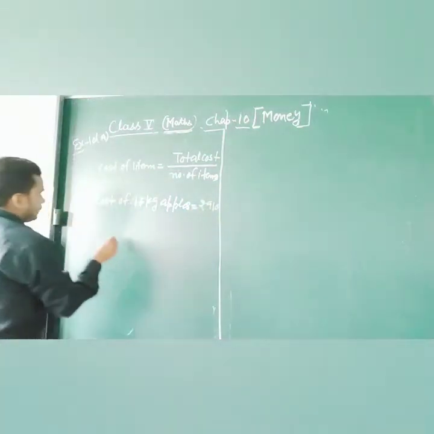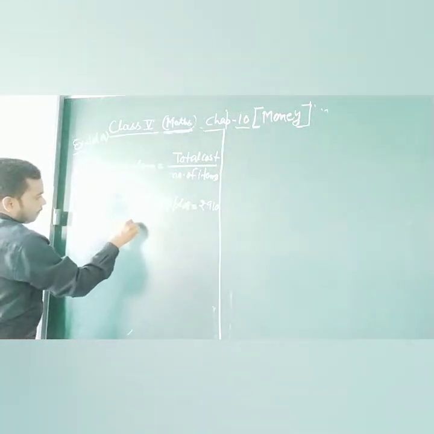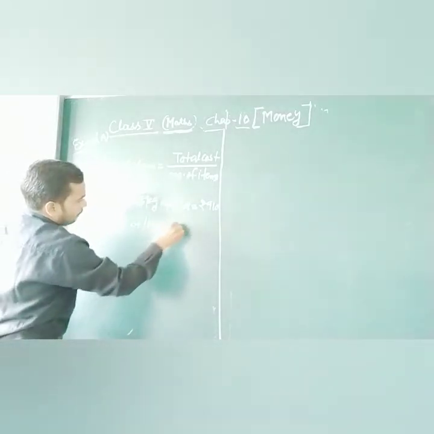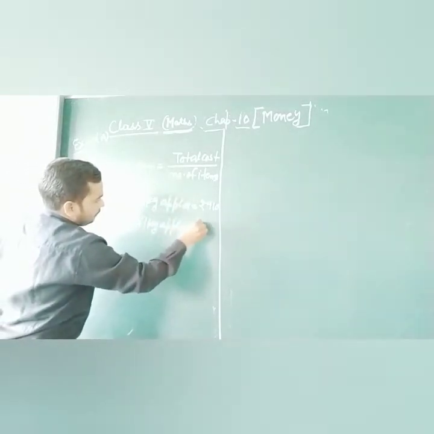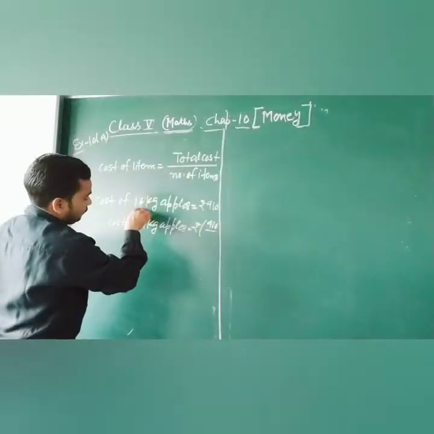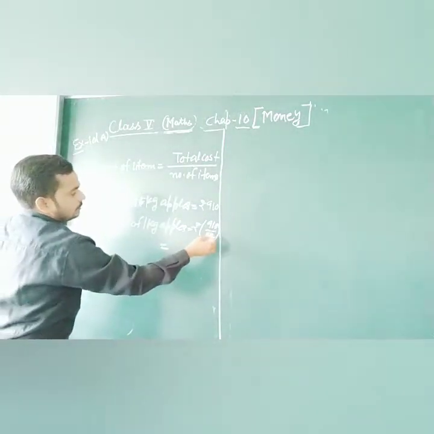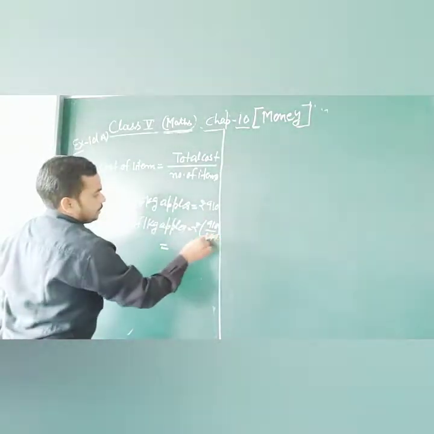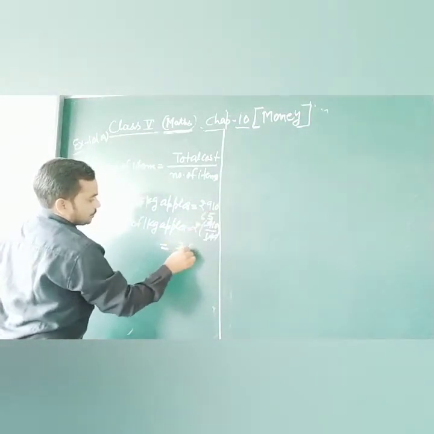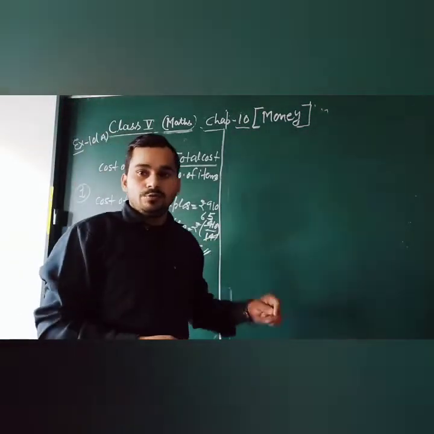So cost of 1 kg apple equals total cost divided by number of weight, that is 14. So when we divide, 14 6s are 84, 14 5s are 70, equals 65. So cost of 1 kilogram apple is 65 rupees.